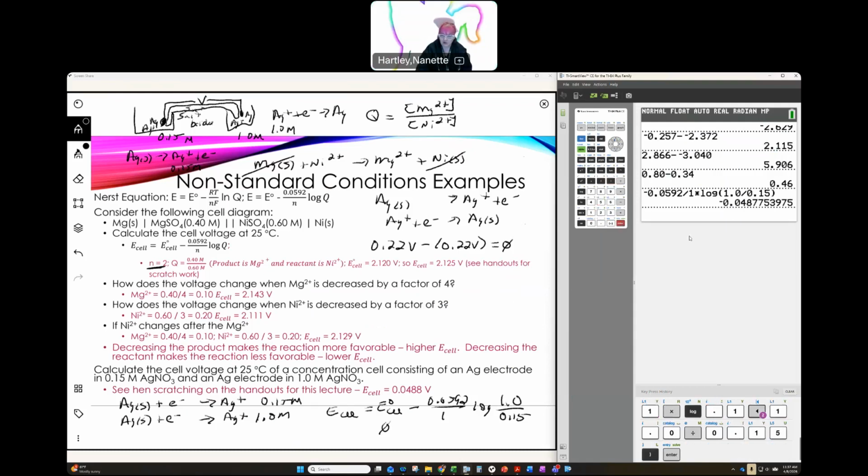And that ends up with this correction factor here. So this is the driving force that I have for this. As it's written, it doesn't want to go that way. This is negative, so it doesn't want to go the way that it's written.